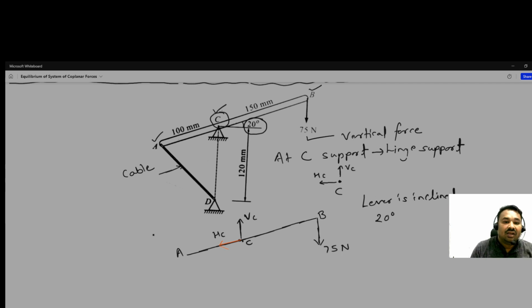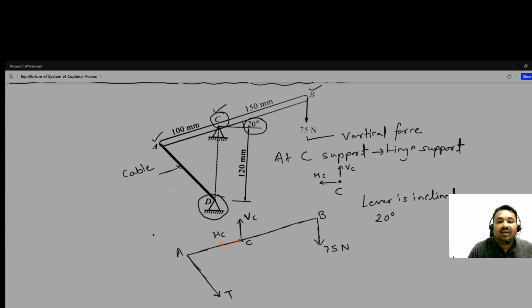Okay, and the hinge support we have removed, and this is the cable, and the cable in tension we are showing as T. So in this figure we need not bother about this hinge because it is connected with the cable, and then we have to take only tension.